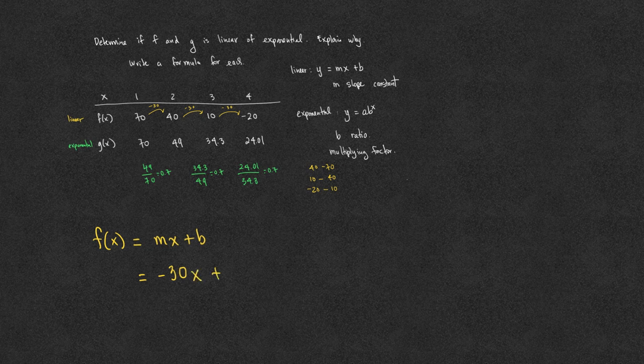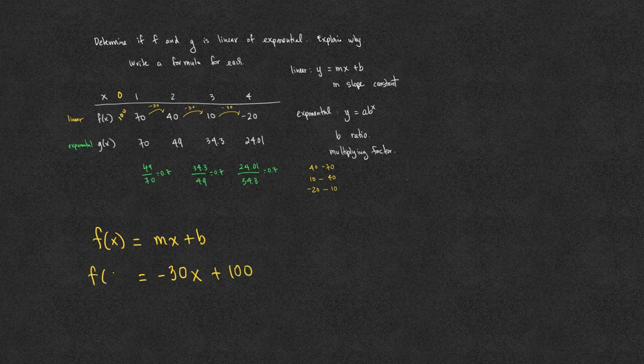B is the initial value when x is 0. We don't have that information, but if we were to put 0 in the table, if going forward from 1 to 2 we subtract 30, then going backward we would need to add 30. And so we know that when x equals 0, the function f of 0 must be 100.